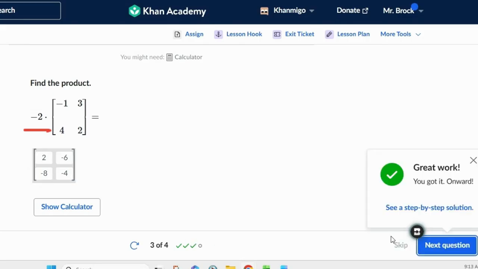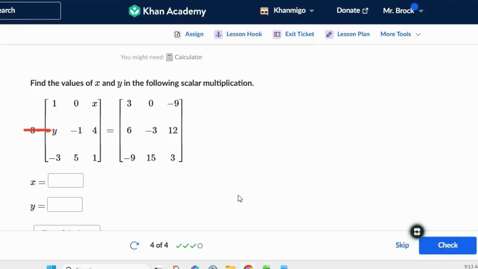Check. Last question. Oh, this is another x and y, and both of them are in the first matrix. So this says with the x, 3 times x equals -9.